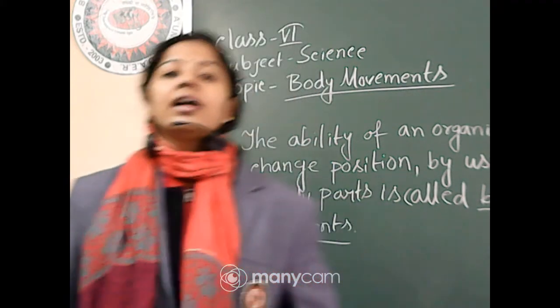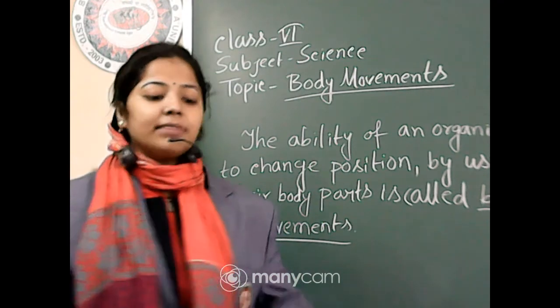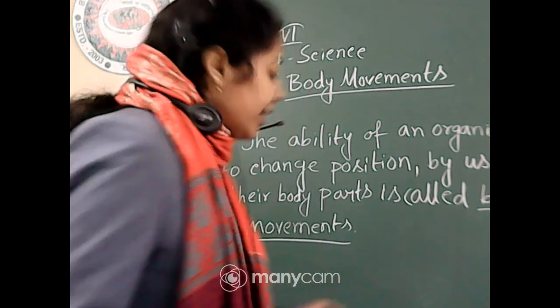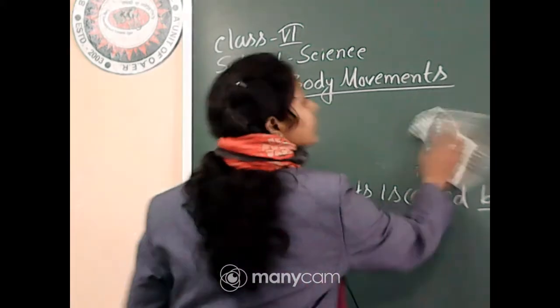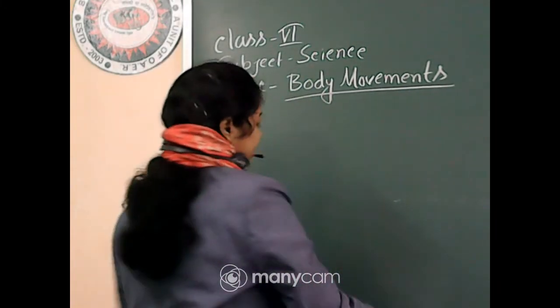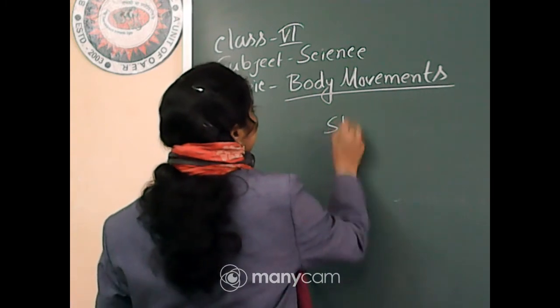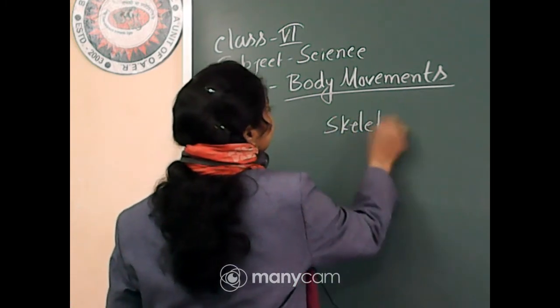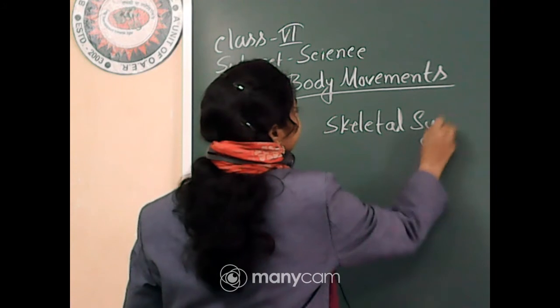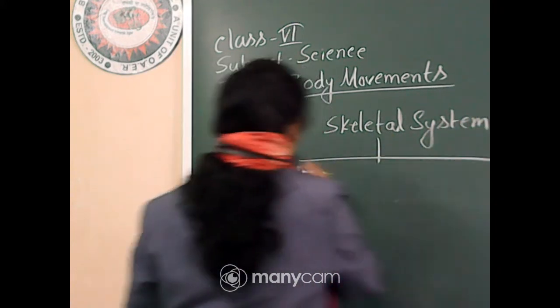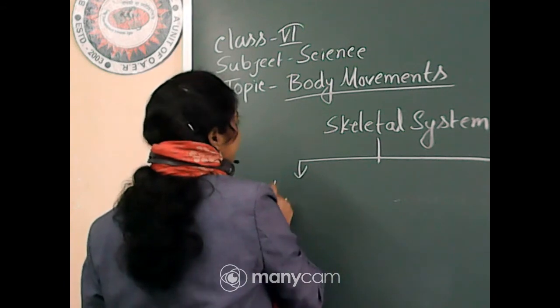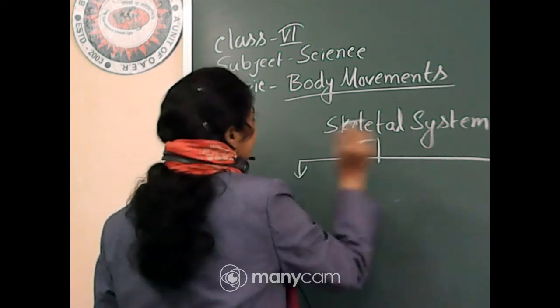Okay? Now, such skeleton system can be divided into two parts. We can say skeletal system is mainly two types. It is made of two types of skeleton.